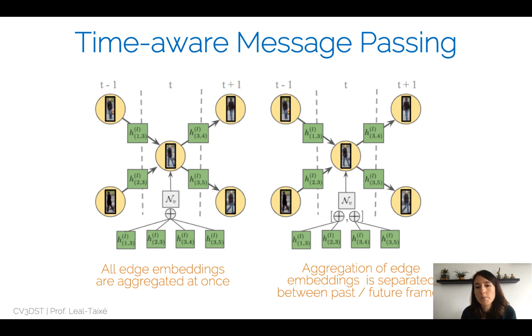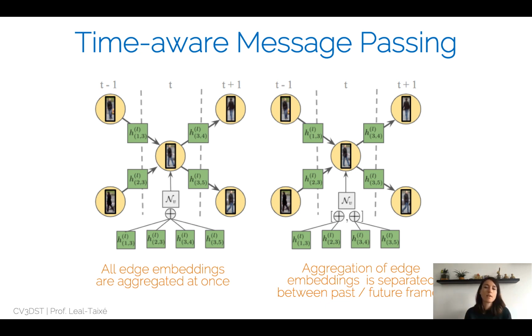But what we actually propose to do is we propose to treat past connections and future connections in a different way. So intuitively, the connections between frame t and t-1 should be treated separately than the connections of frame t and t+1. So the idea here is that for this node here, you will actually have one neighbor at frame t-1, which is going to represent the same person, and one neighbor at t+1, which is going to represent the same person.